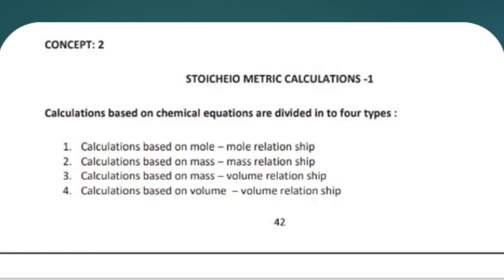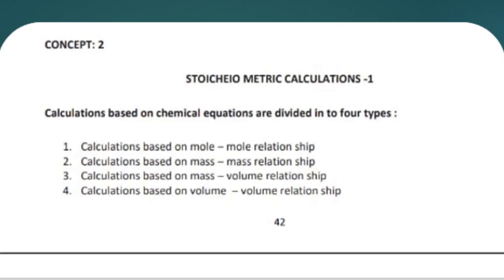The first part is that calculations based on chemical equations are divided into 4 groups. Those groups are given. Before going to this, first let us know what is stoichiometric calculation.